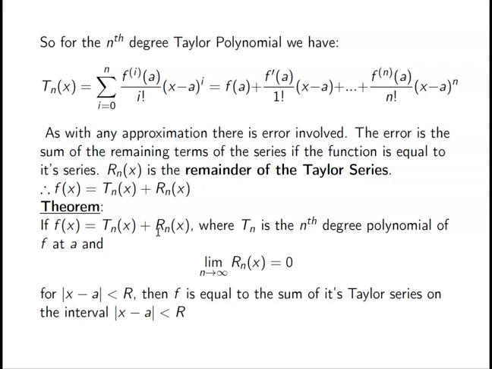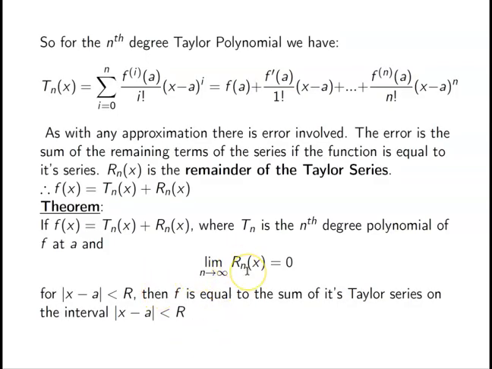With the linear approximation, I was only equal at one point, that point of intersection. But once I had a quadratic approximation, with n equals 2, that quadratic had more area that overlaps with e to the x. So that's basically what this is saying: if the remainder goes to 0, then my series will be equal in value to my function.